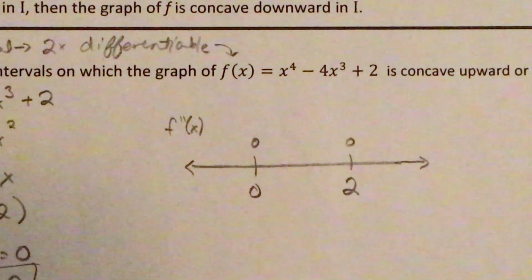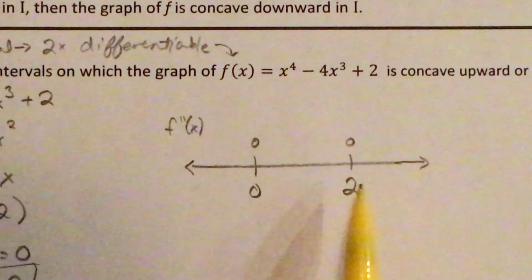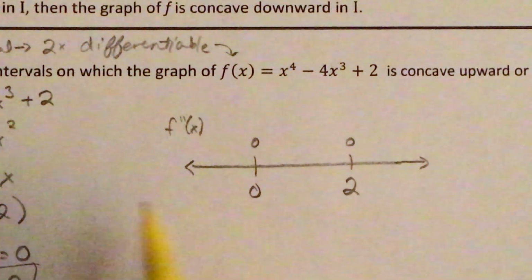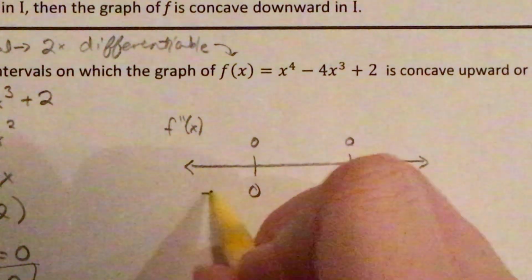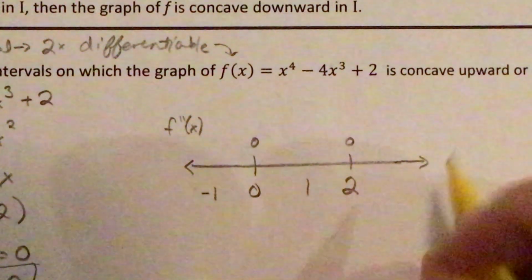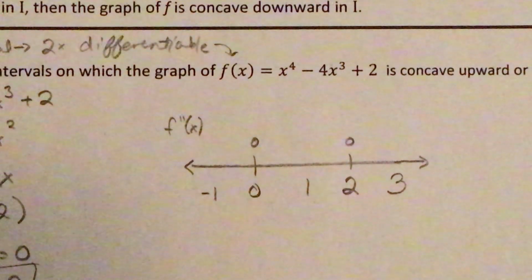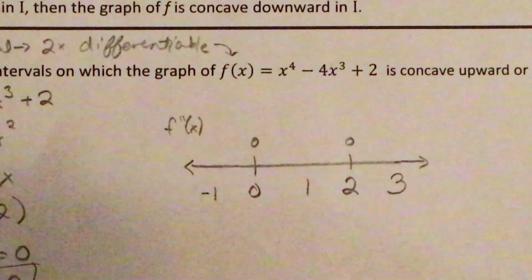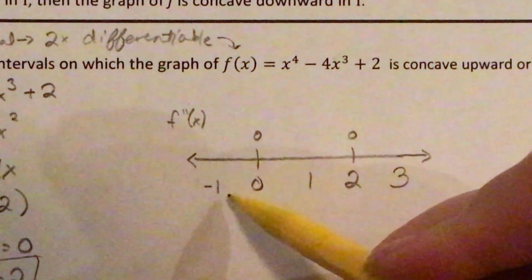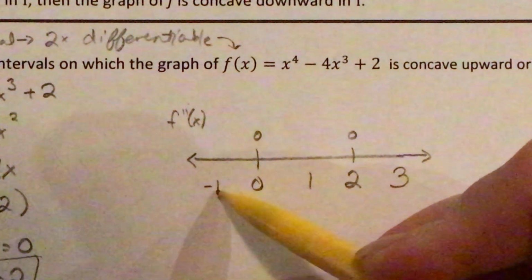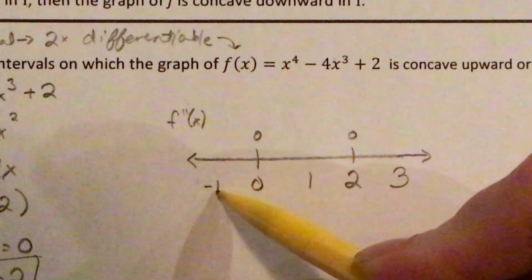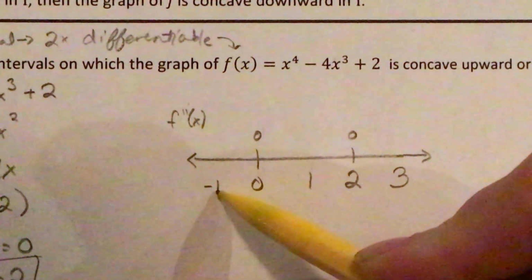So we just need to pick numbers that are between 0 and 2, bigger than 2, and less than 0. So how about -1, 1, and 3. Sounds good. Now your goal is to find what is f double prime of -1, and we just care about whether it is negative or positive.